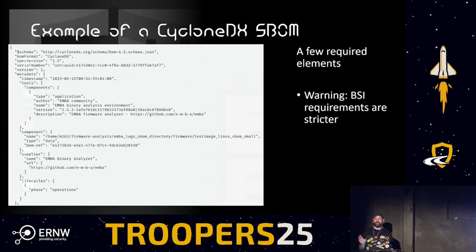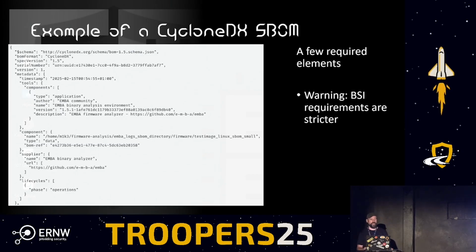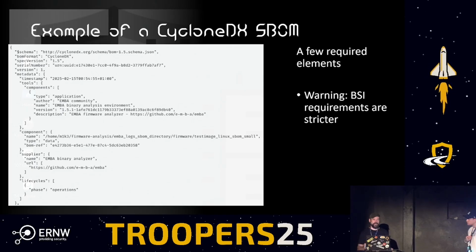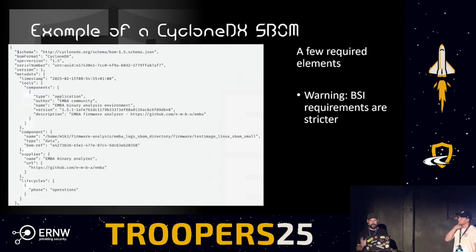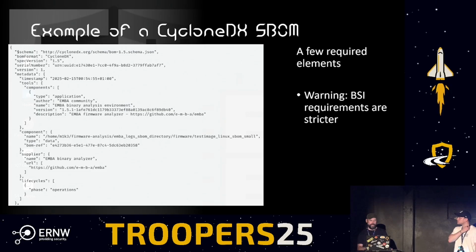Every SBOM that you will see in our talk is generated by Embark. And here you can see a header of a Cyclone DX SBOM. There is also another standard, SPDX, available for simplification. Today we are talking only about Cyclone DX.